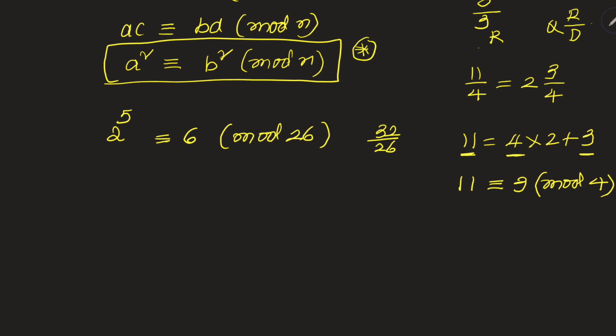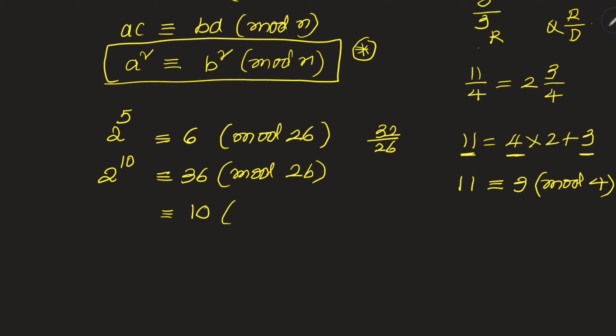So 2 to the power of 5 is congruent modulo to 6 mod 26. When I square it, it will become 2 power 10 and here it will become 36 mod 26. Now 36 is more than 26, so you can remove 26.